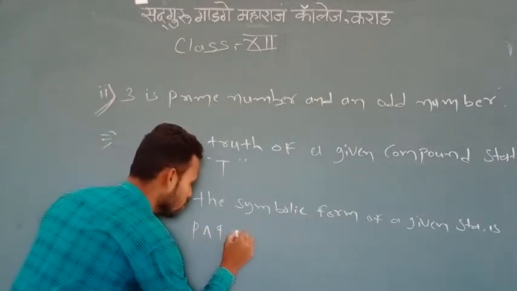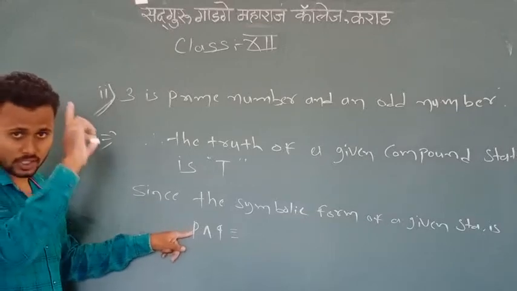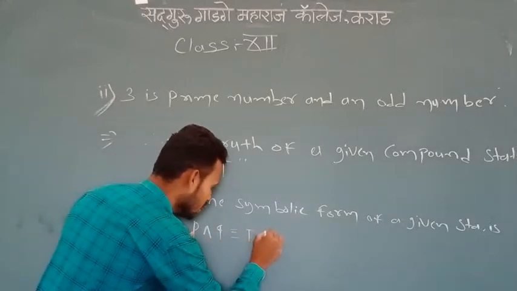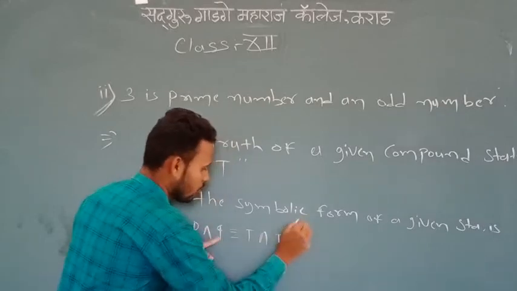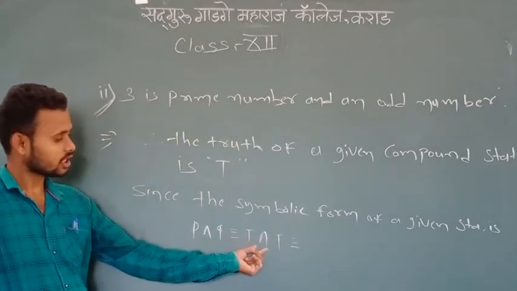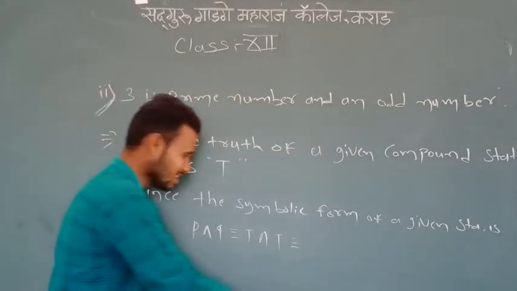Now which is equivalent to, I write, truth value of statement p. We know that statement p's truth value is T, meet statement q also T. Therefore it is equivalent to, we know that in conjunction if both the substatements are true, then the conjunction is true.